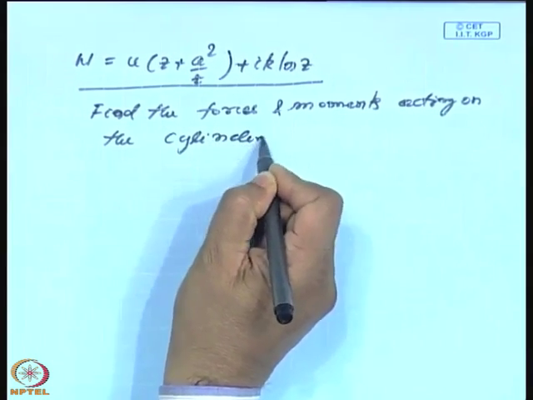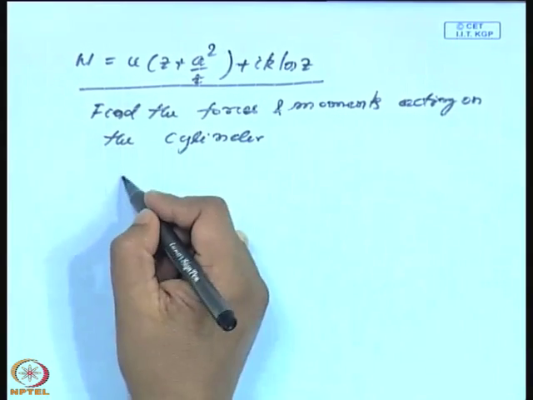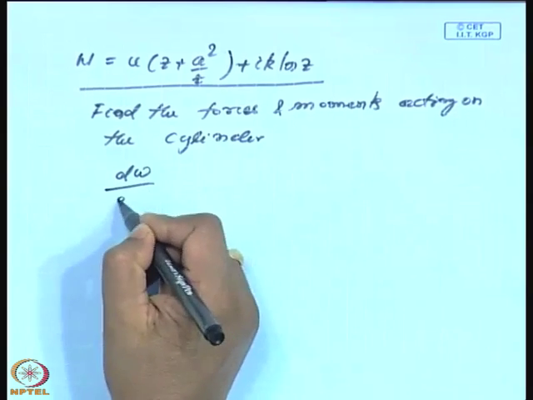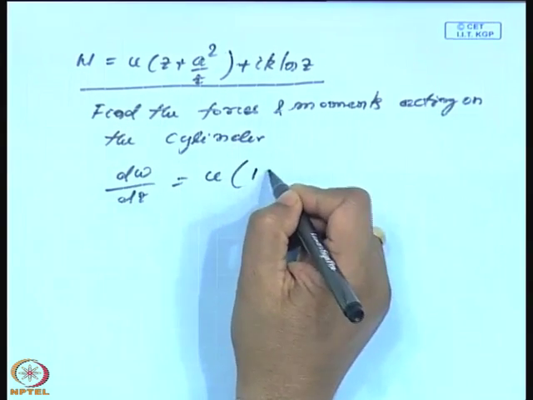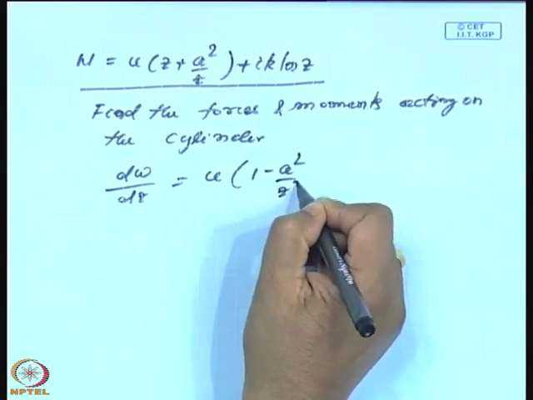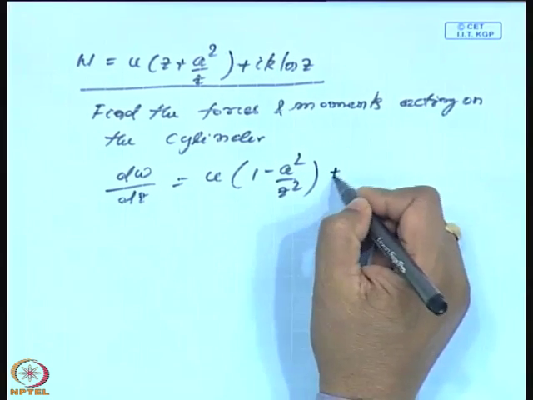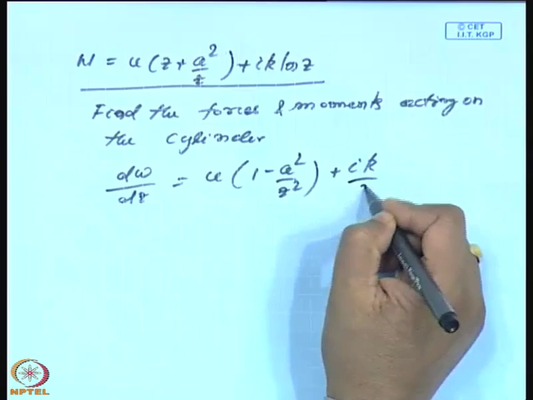Here W is given. What will happen to dW by dz? dW by dz is U (1 minus a squared by z squared) plus ik by z.